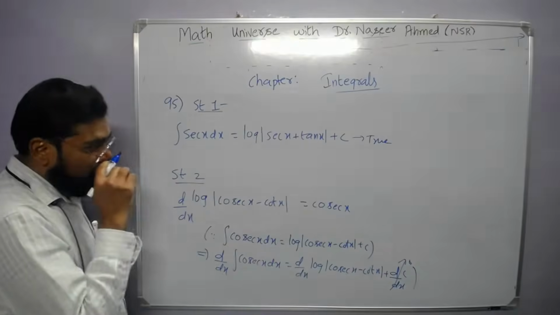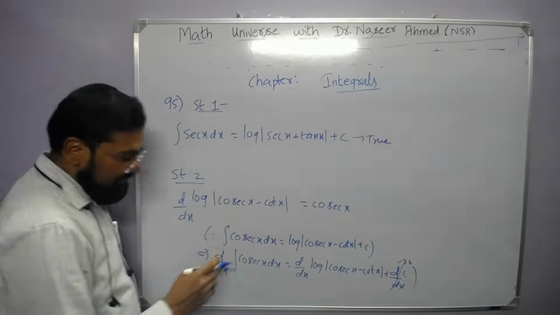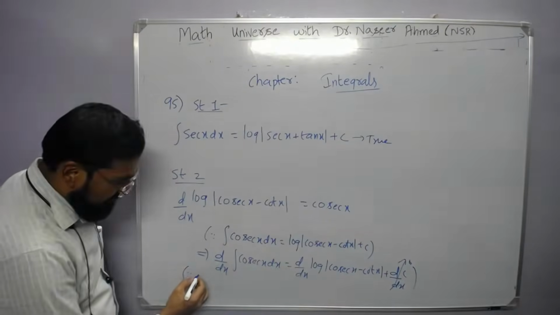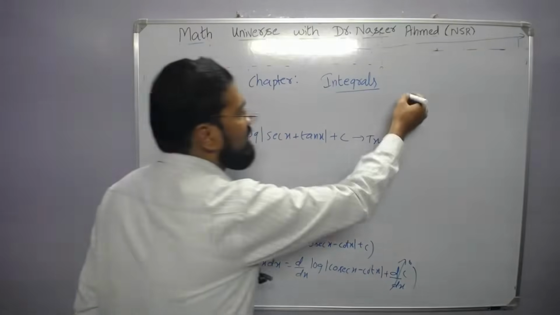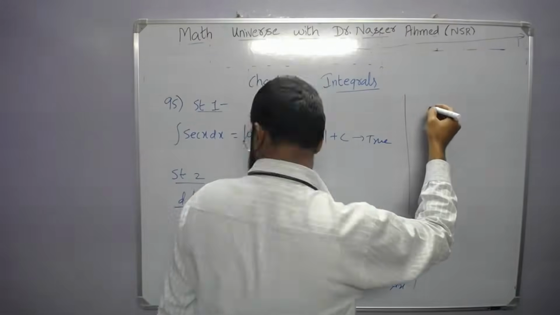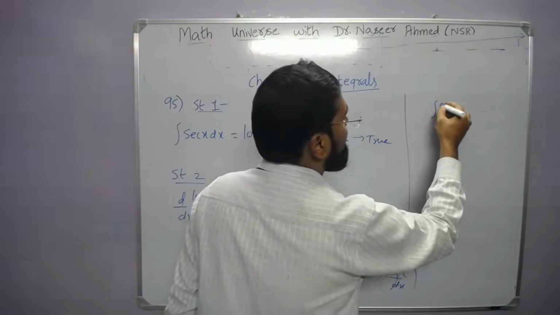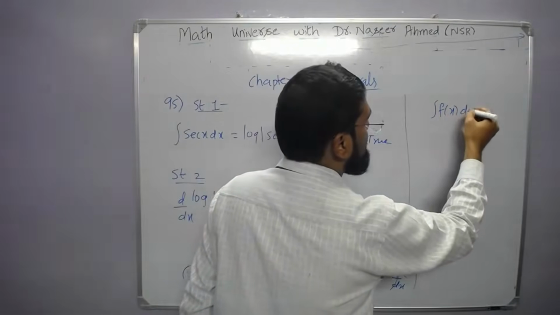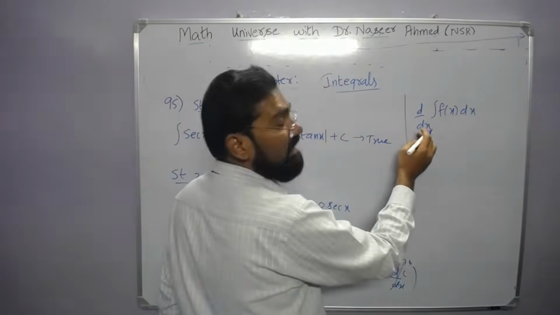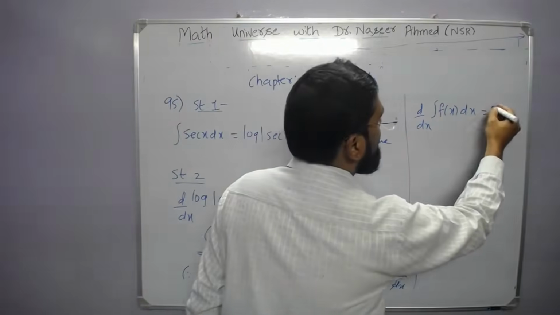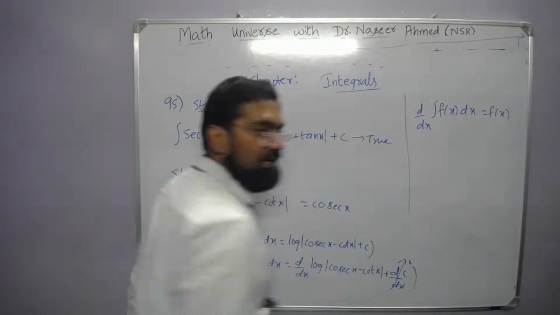Now, see carefully. We know one concept, that integration and derivative are inverse processes of each other. Let us write it here. When I have integration of f of x with respect to x, if I find the derivative, then integration and derivative will get nullified. I get only f of x.